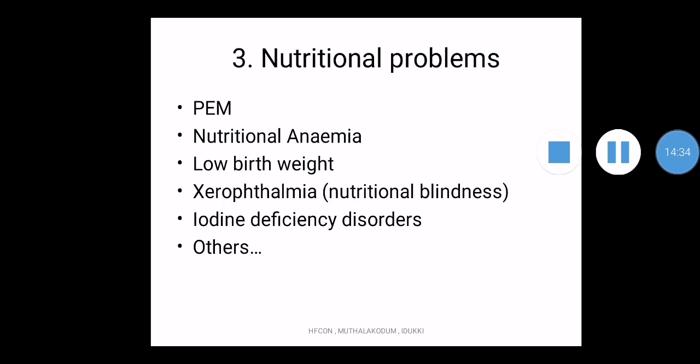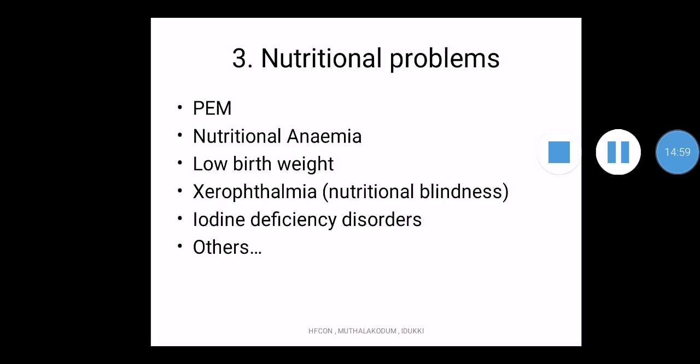And nutritional anemia is one of the factors we are able to see in many more states, especially among adolescents and even among the early mothers. So mothers, even those who are nearing menopause, they all used to have this anemic status. Then they have low birth weight.